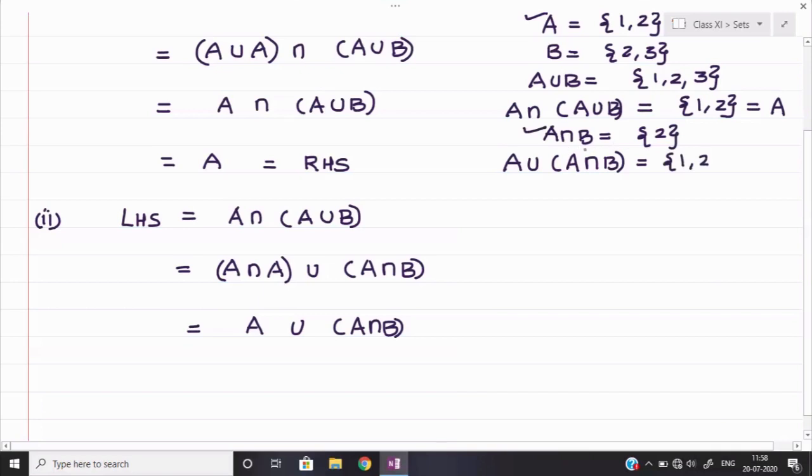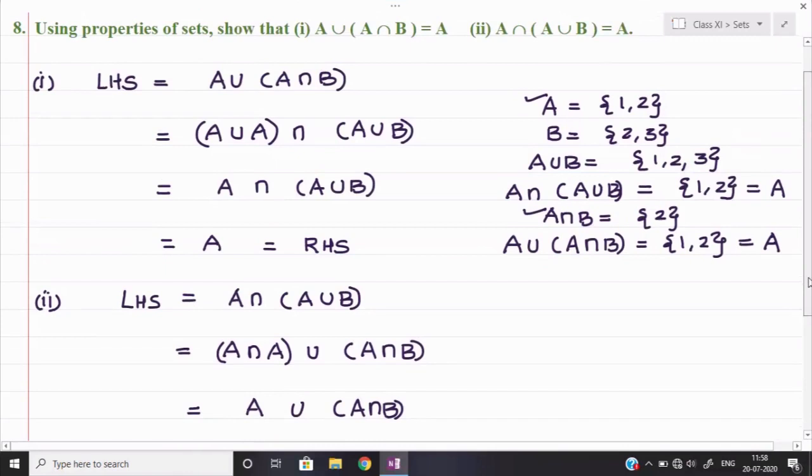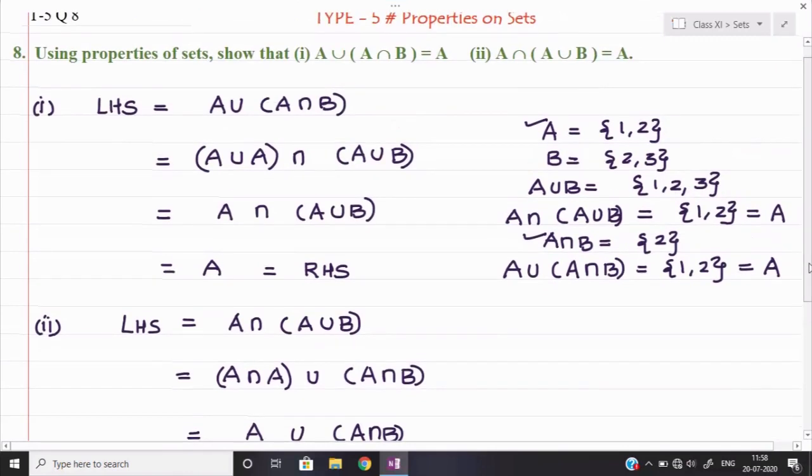Then I will write the elements of A intersection B which have not appeared up till now, and I can see every element of A intersection B is already there. So 1, 2 will be the union of A and A intersection B, and that is again equal to set A. So it is equal to the set A, and this is the required RHS. You can check in the question further, we need to prove it equal to A only in the second part. So this way we have completed question number 8.